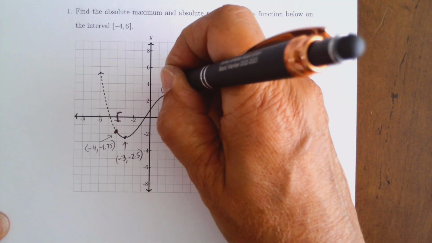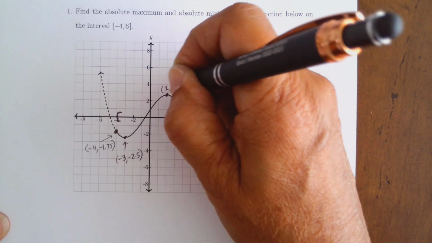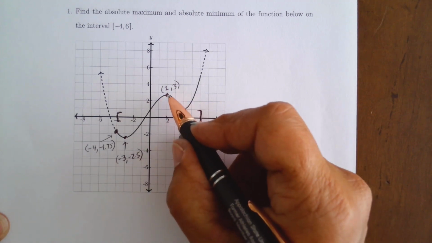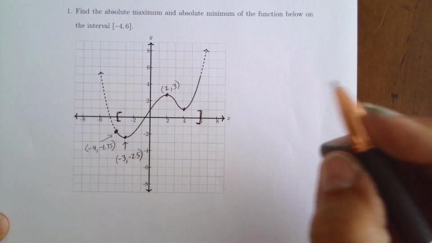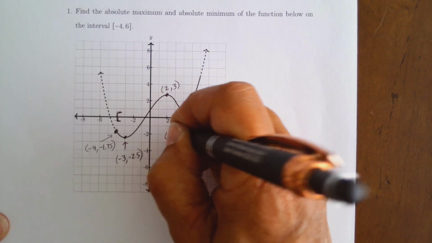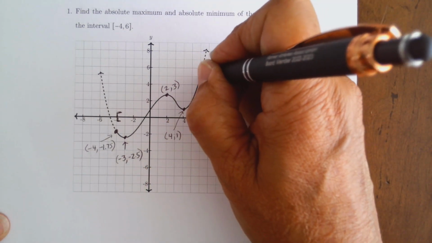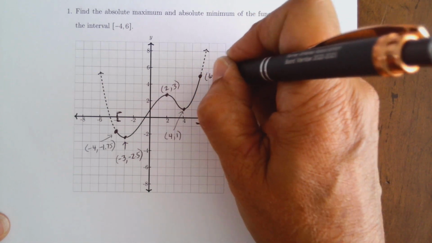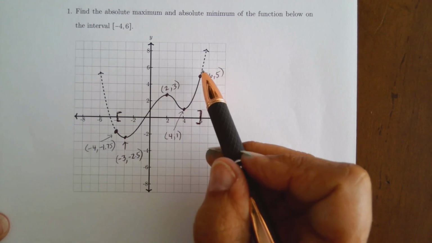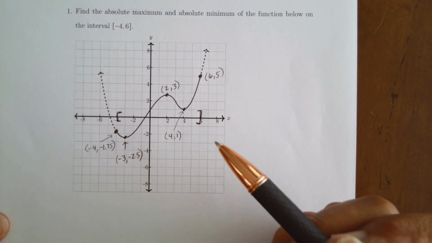This value is 2, let's just call it 2, 3 for the sake of what we're doing. I know it's a little bit below 3, but let's just call it 2, 3. Here is 4, 1. And then our endpoint was 6, 5. Okay, those are just the ordered pairs, the endpoints and the critical numbers.